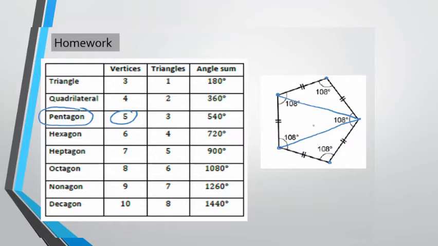And how many triangles inside this pentagon do I have now? I have 1, 2, 3, and that's where the number of triangles comes from inside the pentagon.